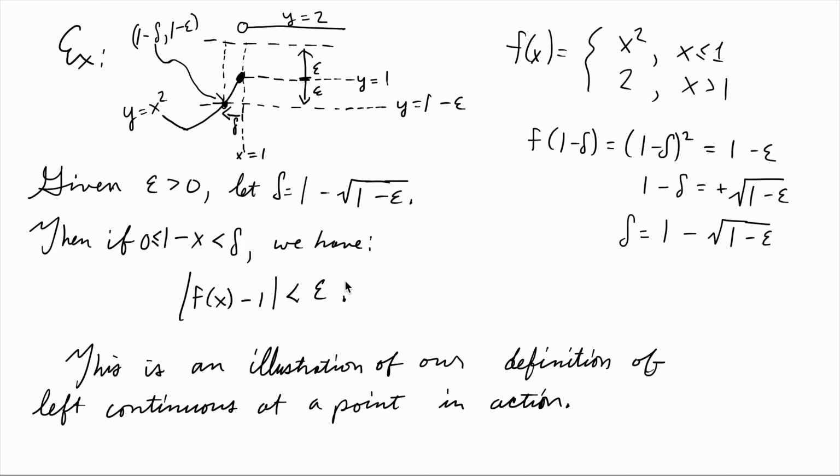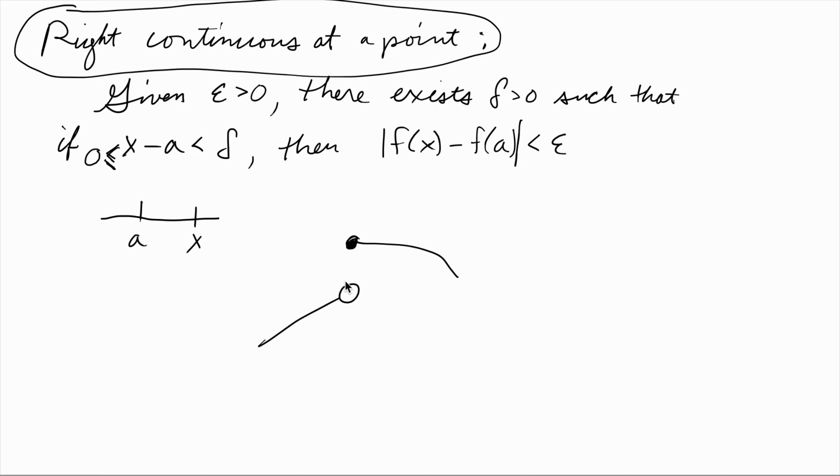Great. Okay, so right continuity, similar idea. We can use the exact same idea, but in this particular case, x is going to be on the right of a point a, and to describe that we can say x minus a is positive and less than a distance delta. Notice I have or equal to 0, and that's because I'm going to allow x to actually be a. We're talking about continuity here.